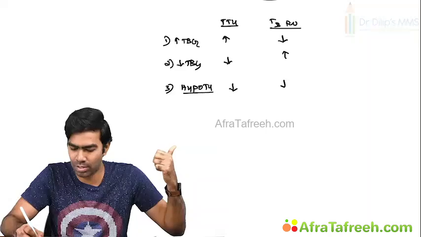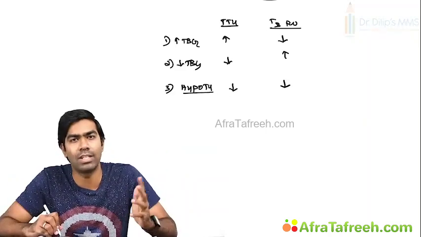So there will be a lot of free binding sites on the TBG circulating in the blood. Since many binding sites are available, the radiolabeled T3 will preferentially bind to the TBG molecules, so very little T3 will be available for the resin. So you will have a low T3 resin uptake.